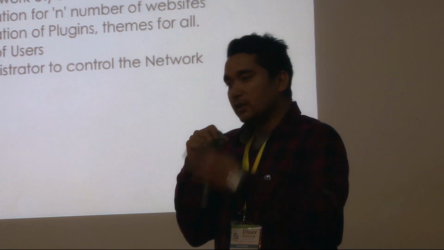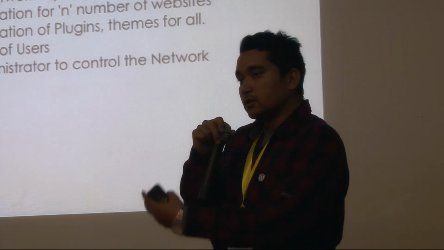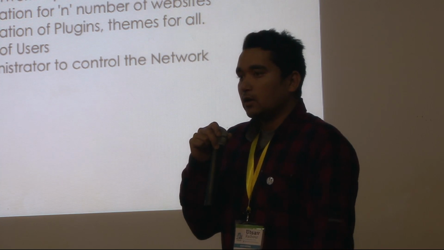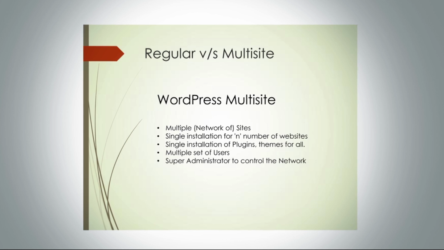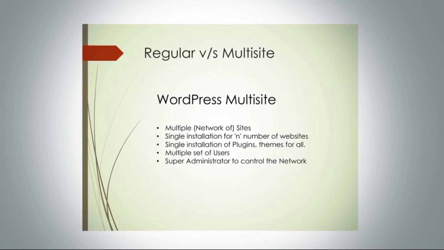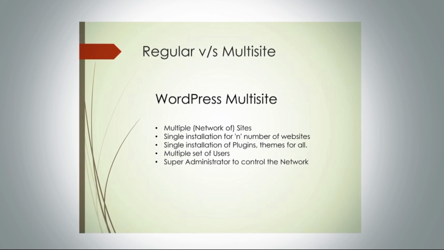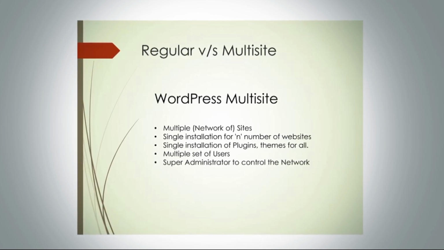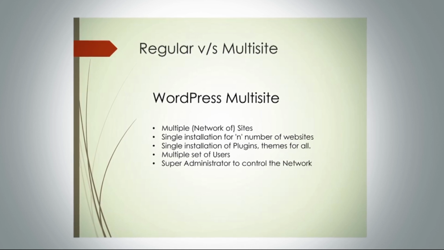So you make 10 installations of WordPress, 10 installations of the theme, 10 installations of the plugins, like say you could be using SEO Yoast and W3 Total Cache, and you'd have to install them in every one of them. But while using WordPress multi-site, you just upload it once and all 10 sites get the thing done.